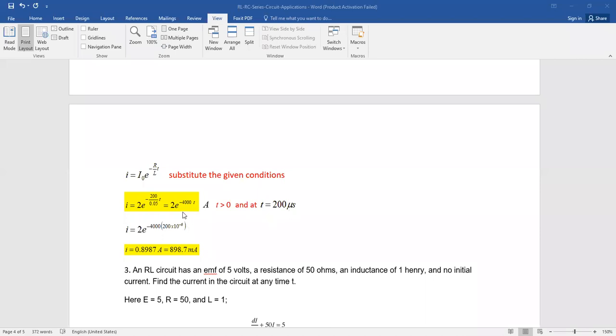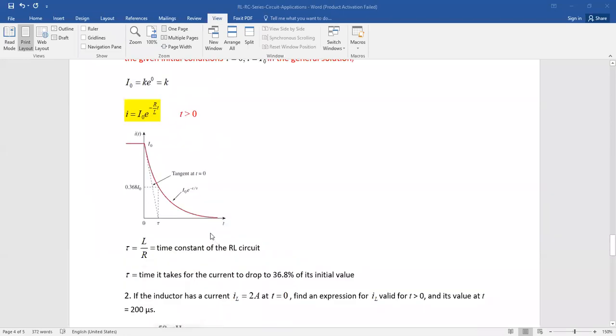So times 200 times 10 raised to negative 6. The value that you'll be computing for the current is 0.8987 amperes, or that would be 898.7 milliamperes.